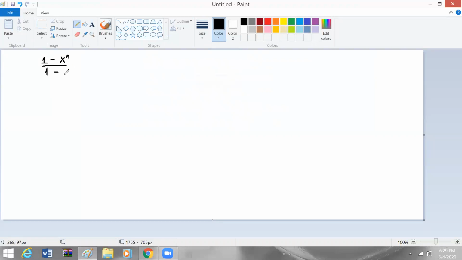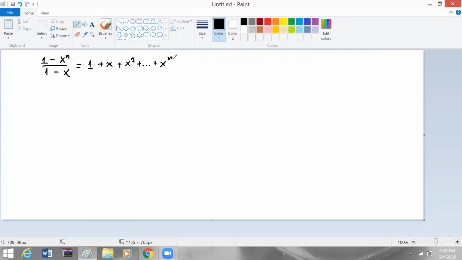So this is the geometric series that we can see, and the answer will be 1 plus x plus x squared plus dot dot dot up to x to the n, right?